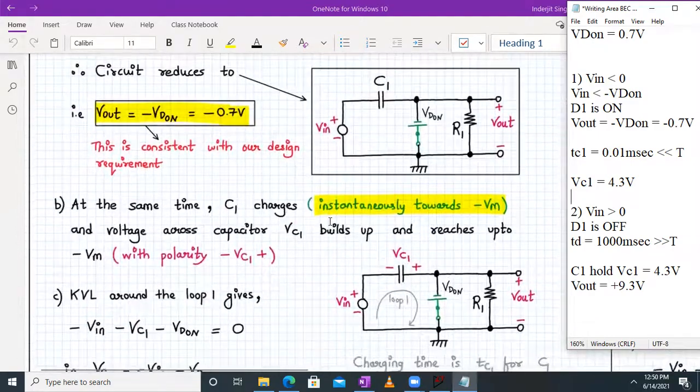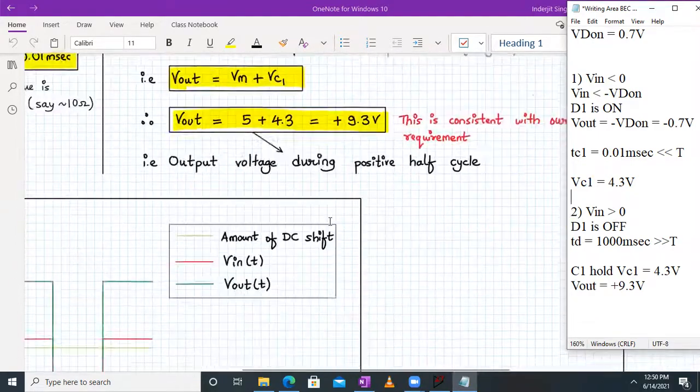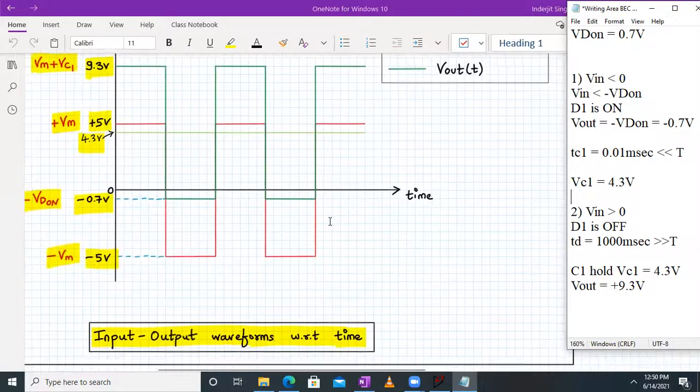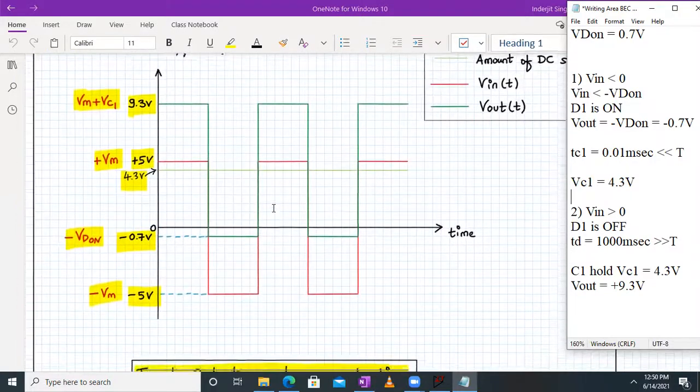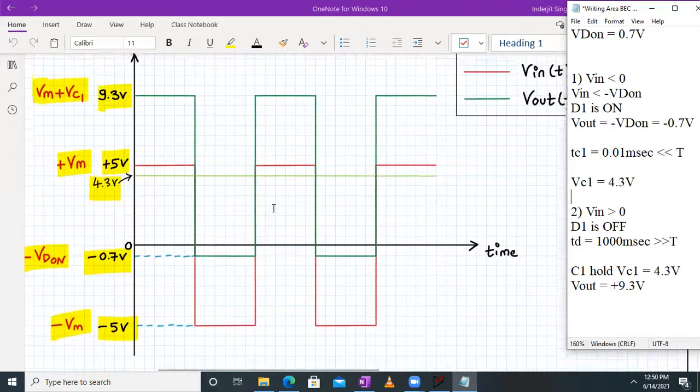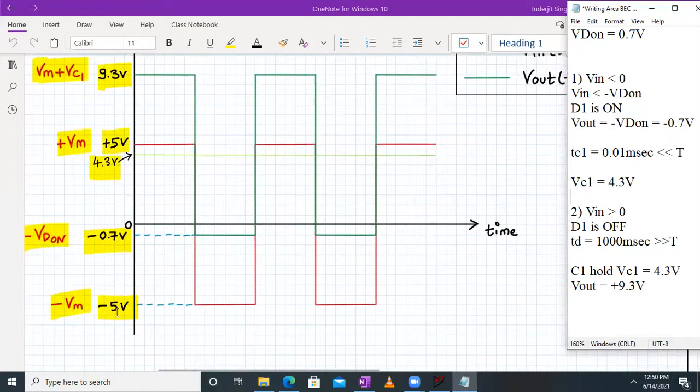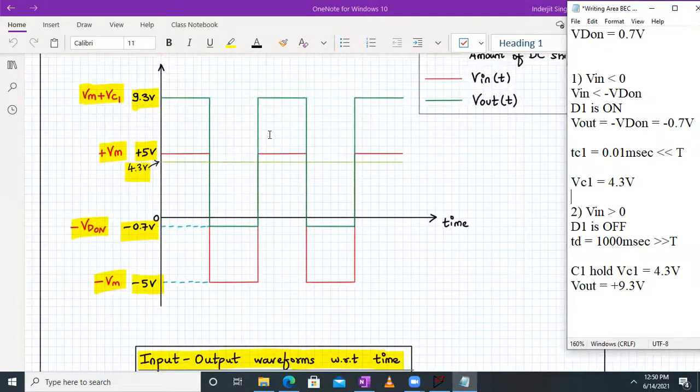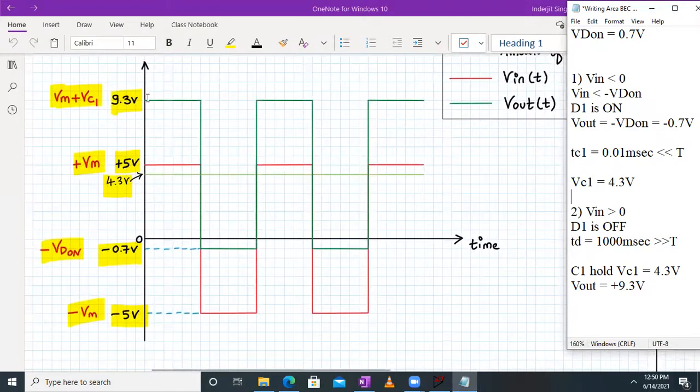Now let us quickly check the input and output waveforms. The red one is my input, with plus 5 and minus 5, that is plus Vm and minus Vm, and the green one is the output. As you can see, for the positive half cycle the value is 9.3 volts, and for the negative half cycle the value is minus 0.7.